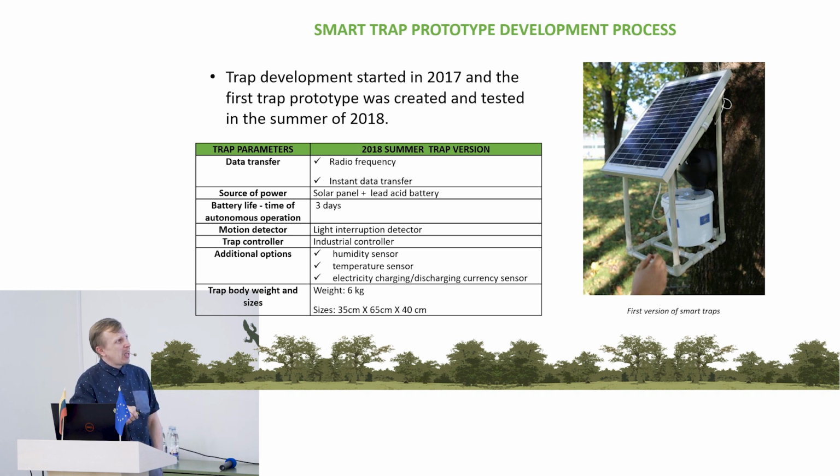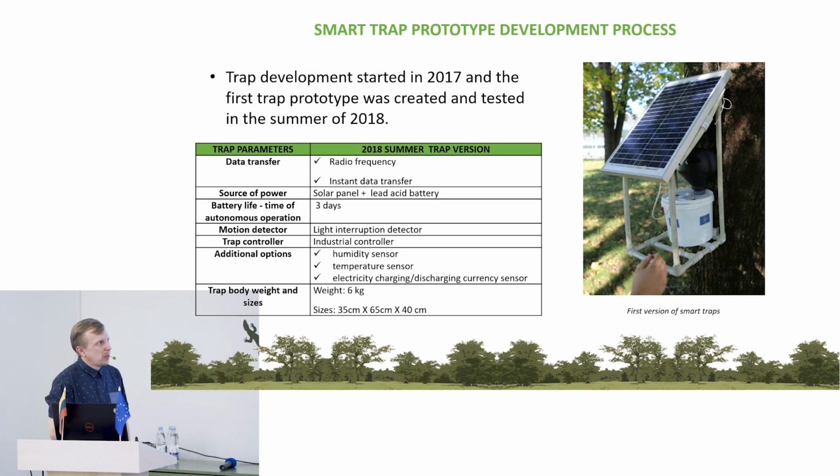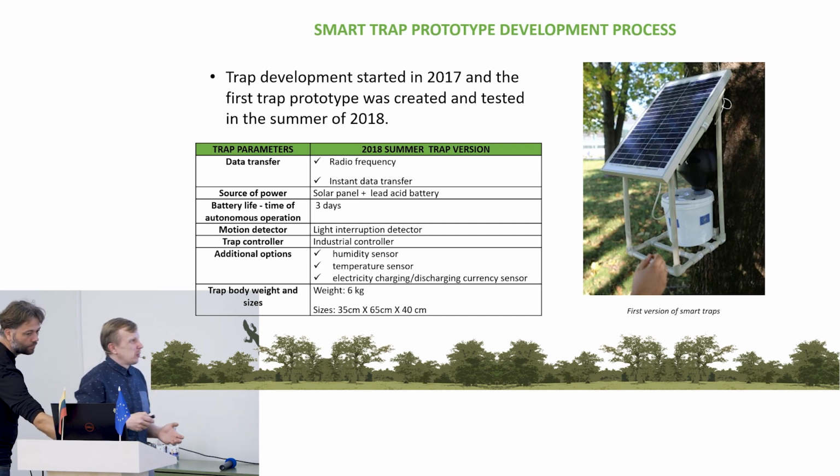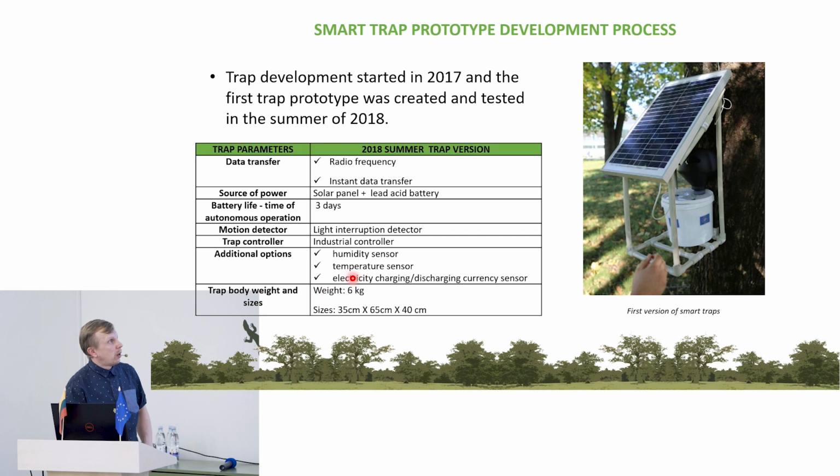This solar panel was not working like we thought, because it was shaded by the canopy of the tree, and in this case there is not enough electricity from the panel to charge the trap. The weight is 6 kilos.